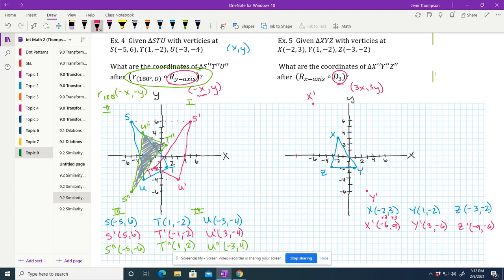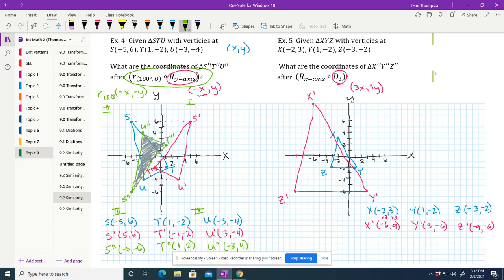Negative 6. Okay. So I have a dilated triangle.